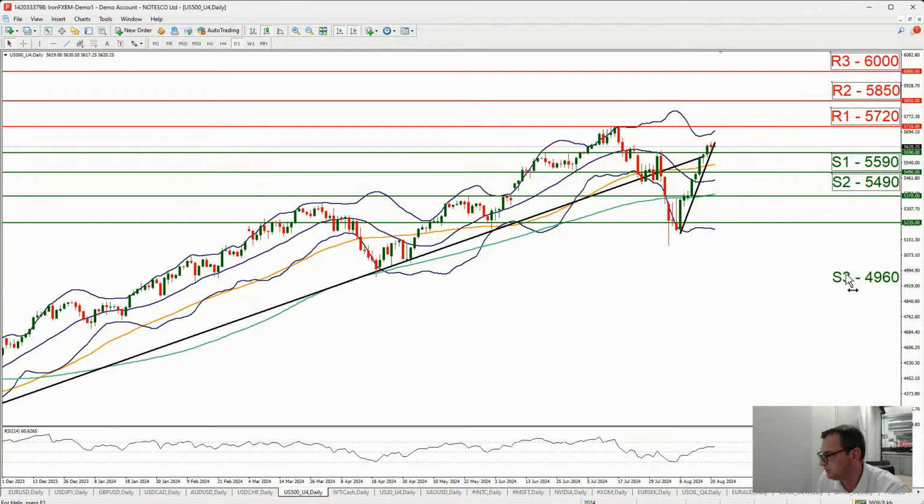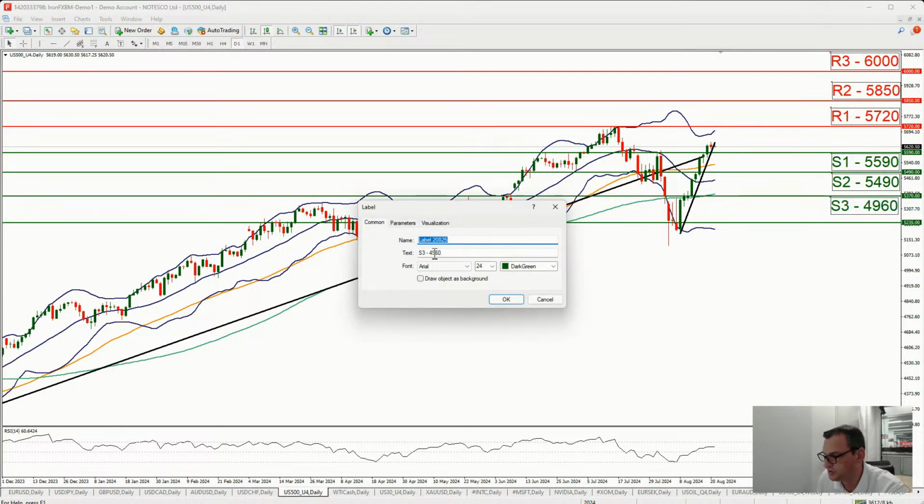And there's 3, a former resistance line now turned to support, which would be the 5370.